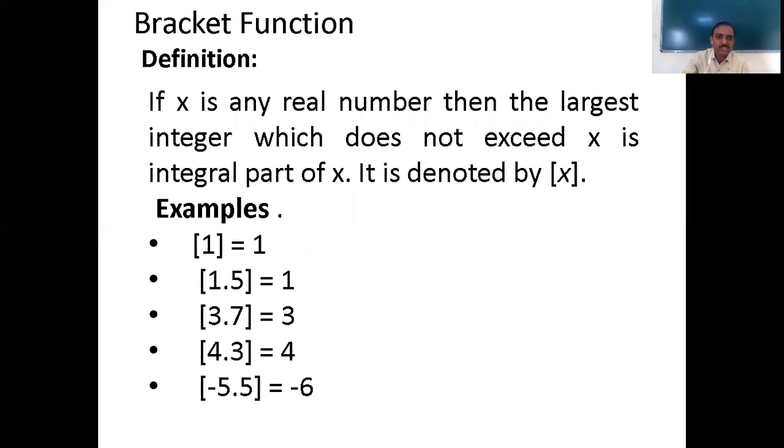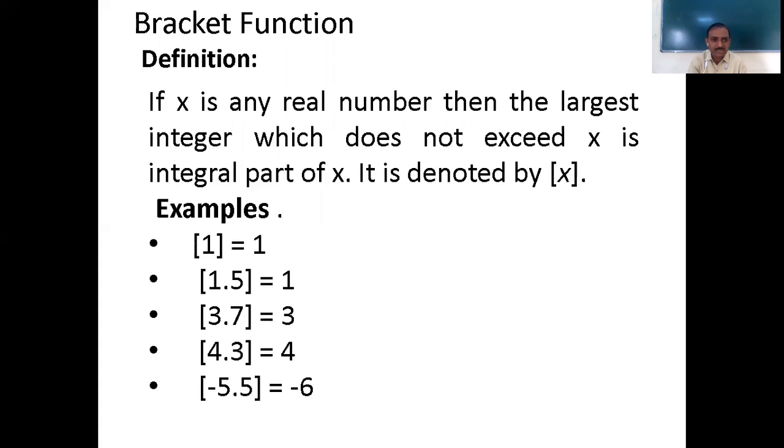Next is the bracket function. First we will see the definition of the bracket function. If x is any real number, then the largest integer which does not exceed x, you have to keep it in mind here, is the integral part of x, and it is denoted by square bracket x.